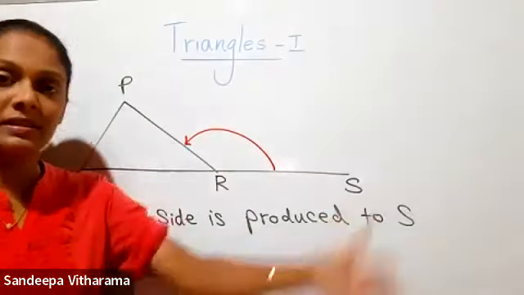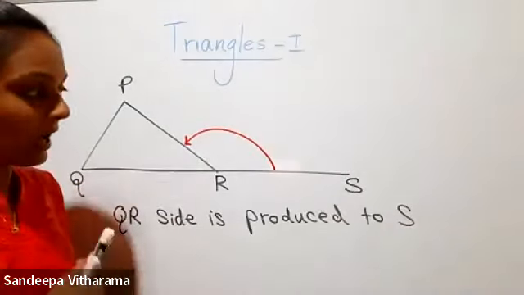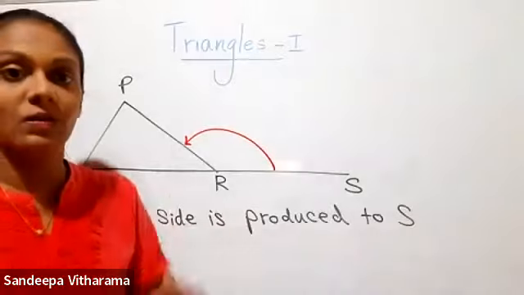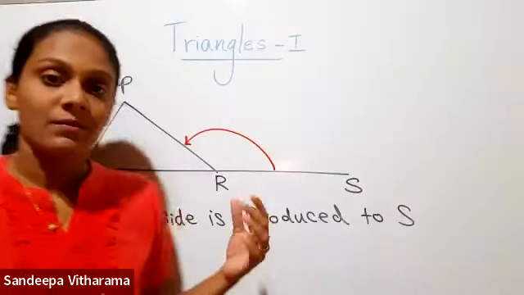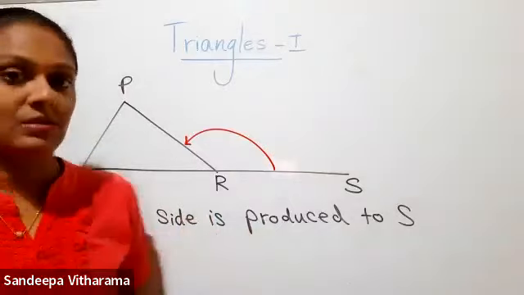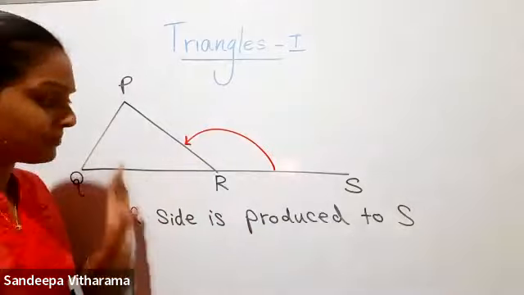to a particular point. Okay, then when you have to do a calculation or obtain any kind of relationship with the exterior angle, most of the time you can see that they have given a particular side.